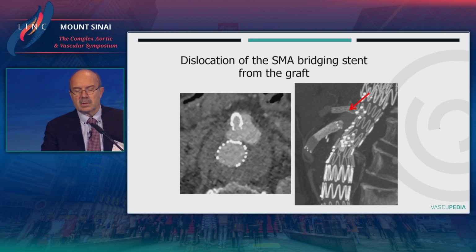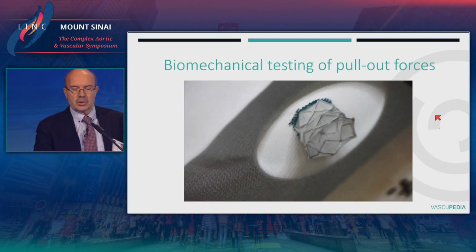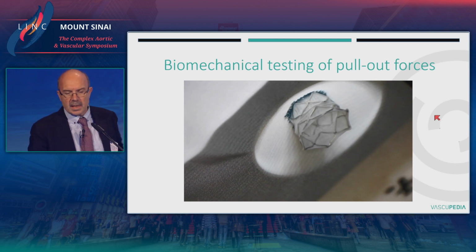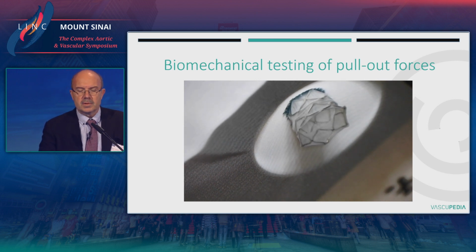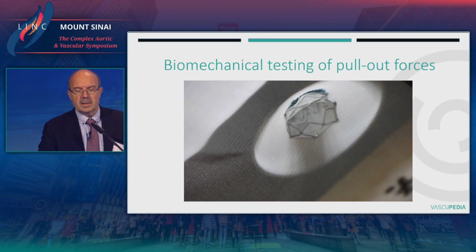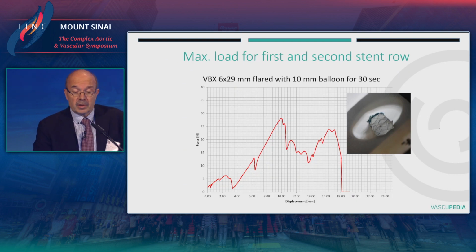One failure mode in fenestrated grafts is the dislocation of the bridging stent, and therefore it was, in our eyes, important to know more about the pull-out forces which are required to pull the bridging stent out of the graft. And you see we are pulling and pulling until the stent was completely removed from the graft.